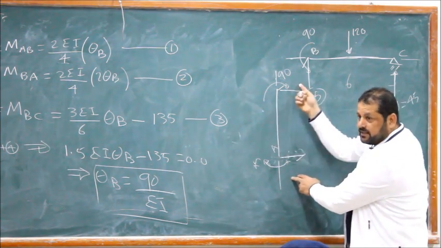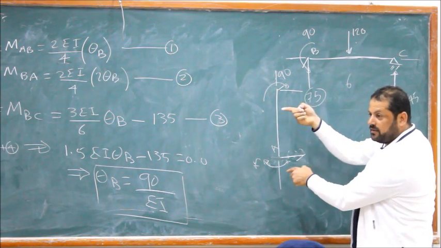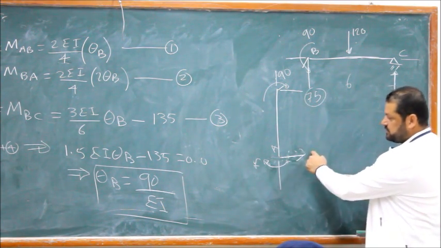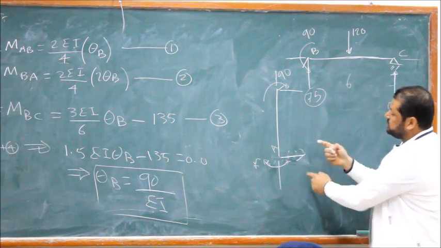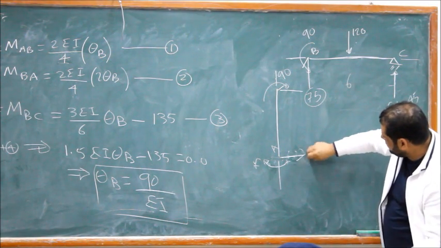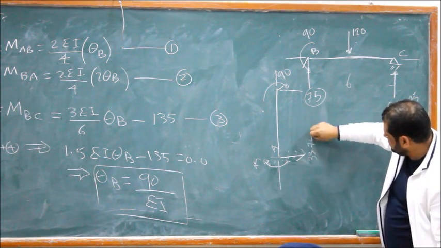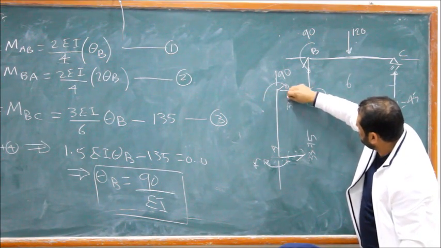Those shears will be equal but opposite to give you a couple. So this must be down. If you take the moment here, this will give you a counterclockwise moment. So this will be 135 over 4, which is 33.75, and this one is 33.75.